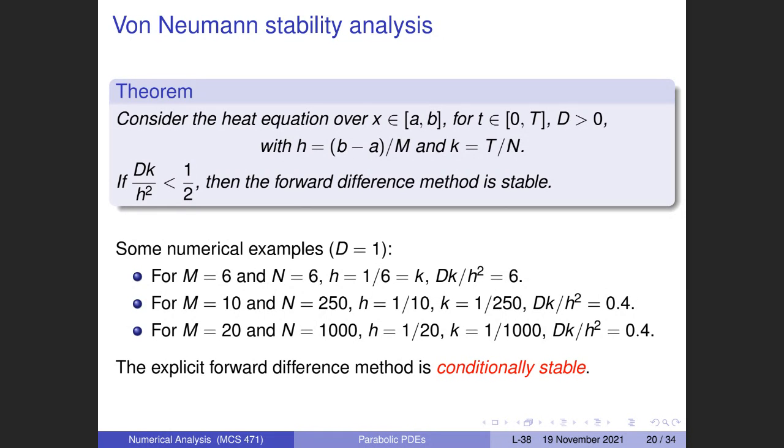So we can verify on the numerical example using the diffusion constant equals 1. The divergence happened when the critical threshold parameter sigma was 0.4.